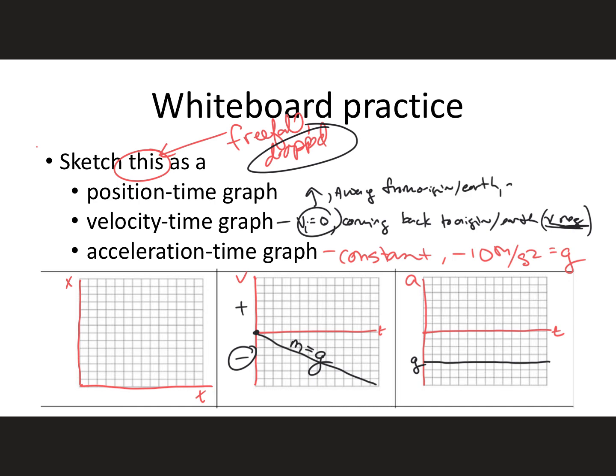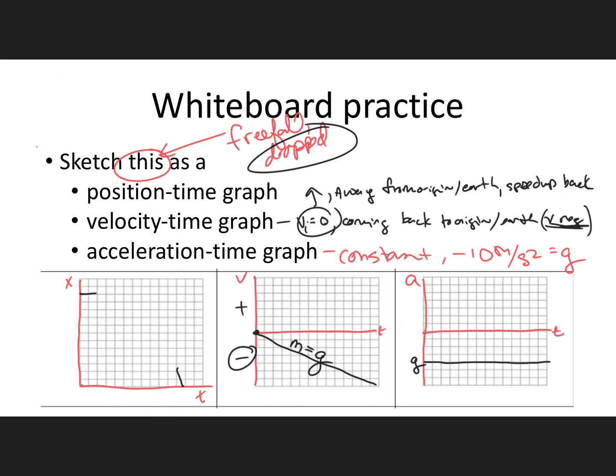I'm going to speed up coming back. So I start at velocity 0, and by the time I get back to the origin, back to Earth, I'm going fast. So I see right here, I've got 2 different lines. That's a flat slope. That's a steep slope.